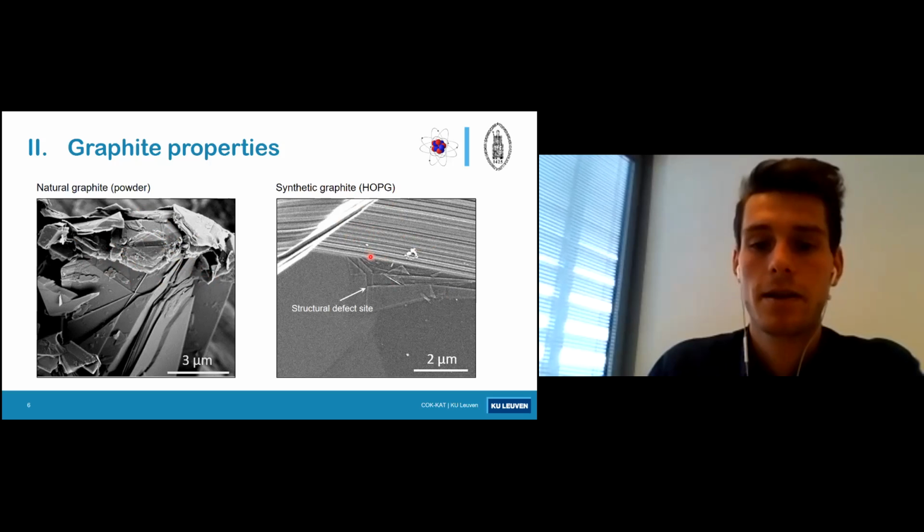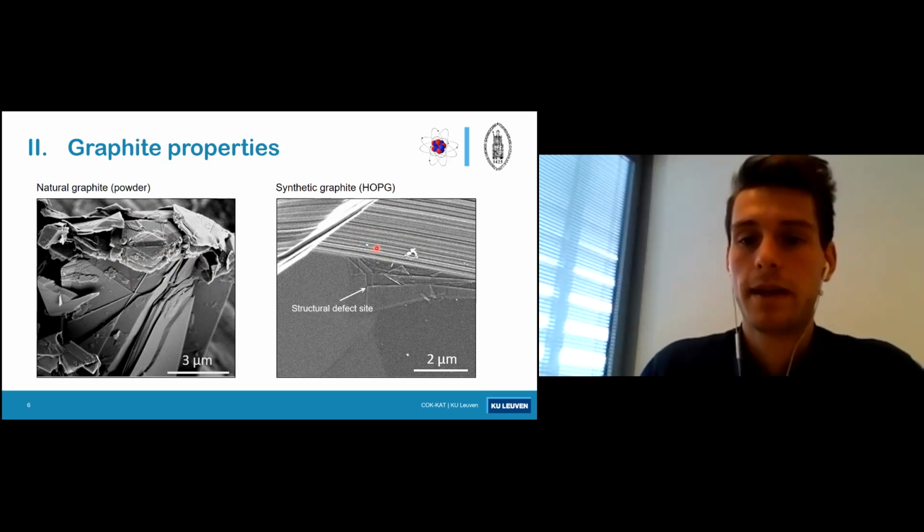Here at the right side, you see the synthetic HOPG, which is far more oriented and better aligned, with very nice stacking. You have really like a book composed of thin graphene sheets.